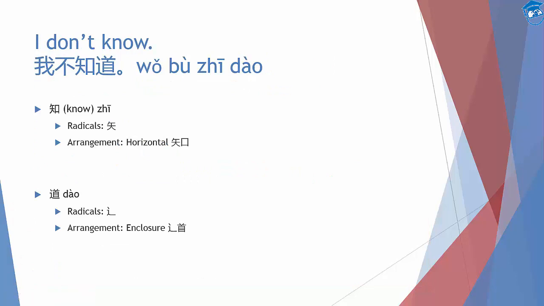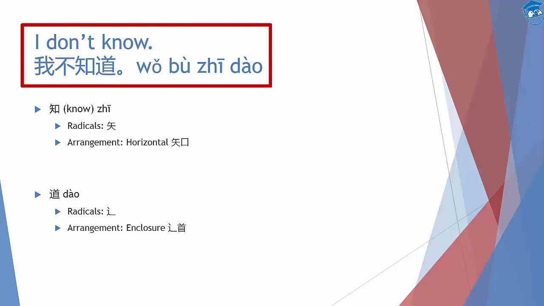So I have taught you a number of ways to ask a question, but I haven't taught you any answers. Here are the common answers that you would use for now. First, I'm going to teach you how to say I don't know.